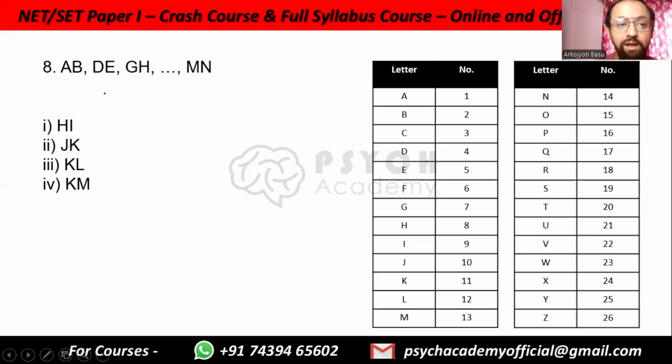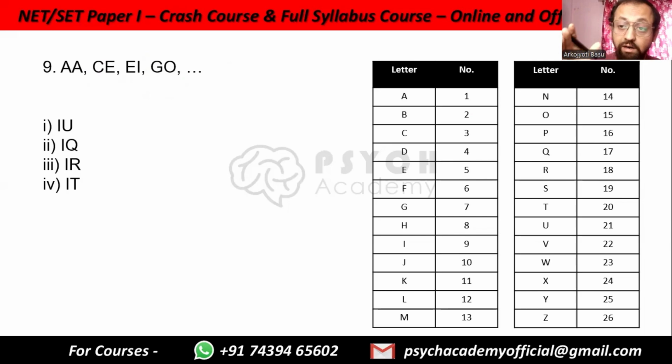AB, okay, we have got AB. As we can see, C is not there, DE, F not there, GH. So I will not be there, JK. And after JK, if we skip L, MN, matching JK. Very simple ones, I am not kidding. Letter series questions are extremely easy.